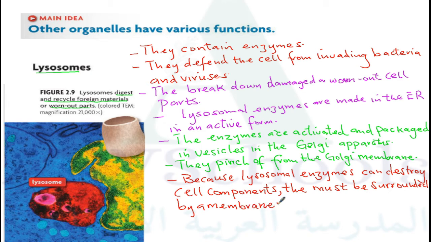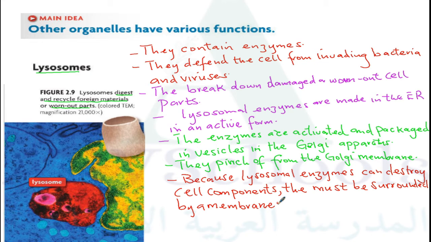I think it's just logical that this membrane normally will protect the cell from self-destruction. The membrane prevents the enzymes from destroying necessary structures.